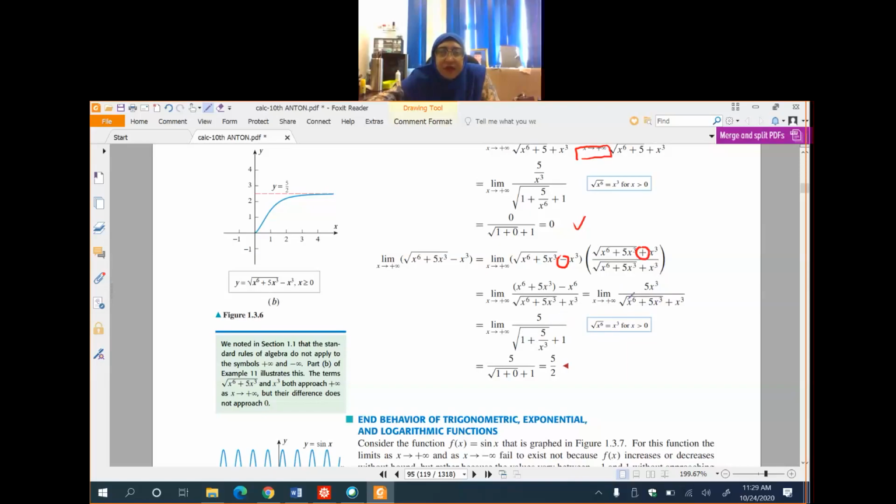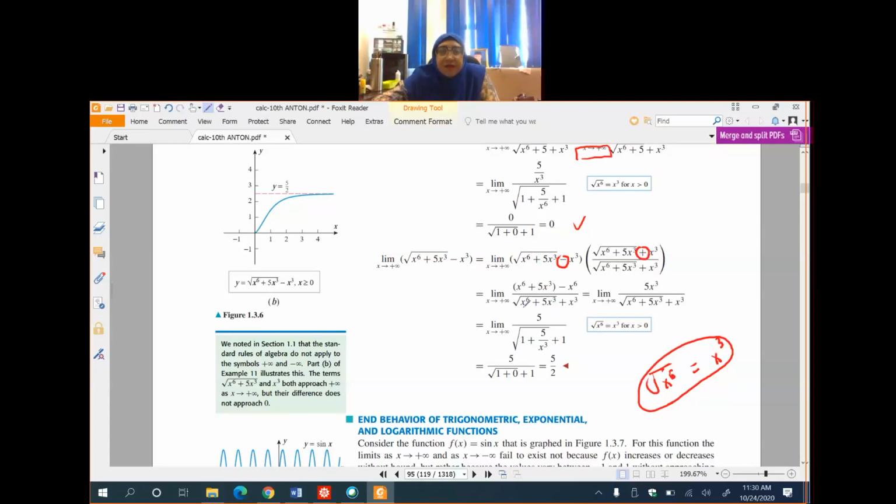You divide with x to the power of 6 for under the radical sign, because the square root of x to the power of 6 is actually equal to x to the power of 3. So that's why for the denominator, you have to divide with x to the power of 6 under the radical sign.